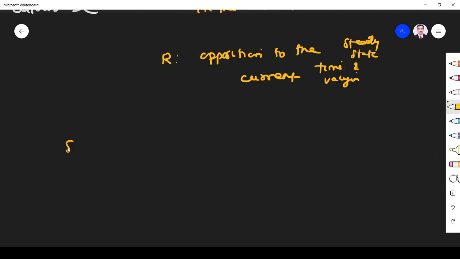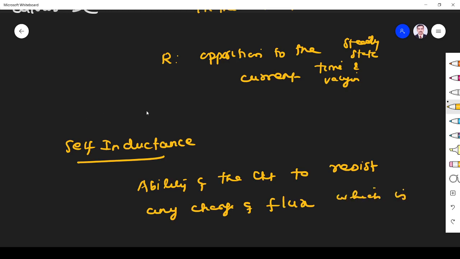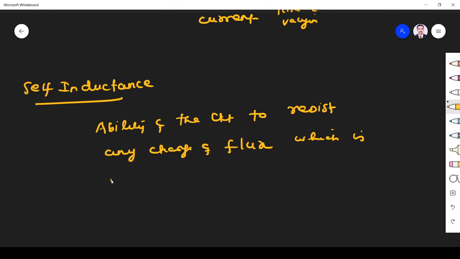Now we define self-inductance. That is simple. It is also an opposition to the current. It is the ability of the circuit to resist any change of flux which is produced by time varying current.